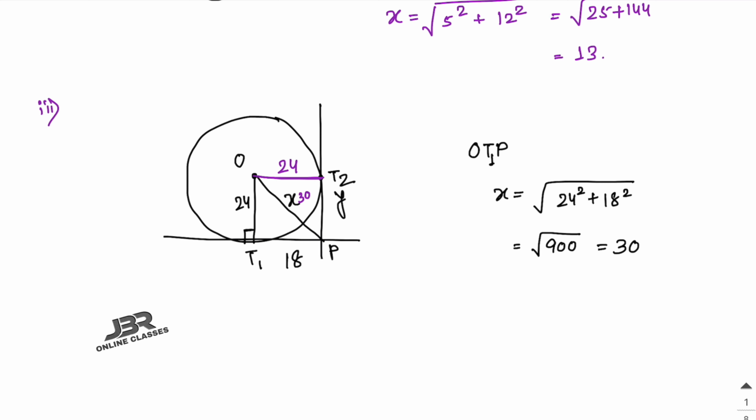So now if you want to find y, y equals root over 30 square minus 24 square. So 30 square means 900, and 24 square means 576. So 900 minus 576 is 324. And 324 means 18 square. So that equals 18 as your final answer.